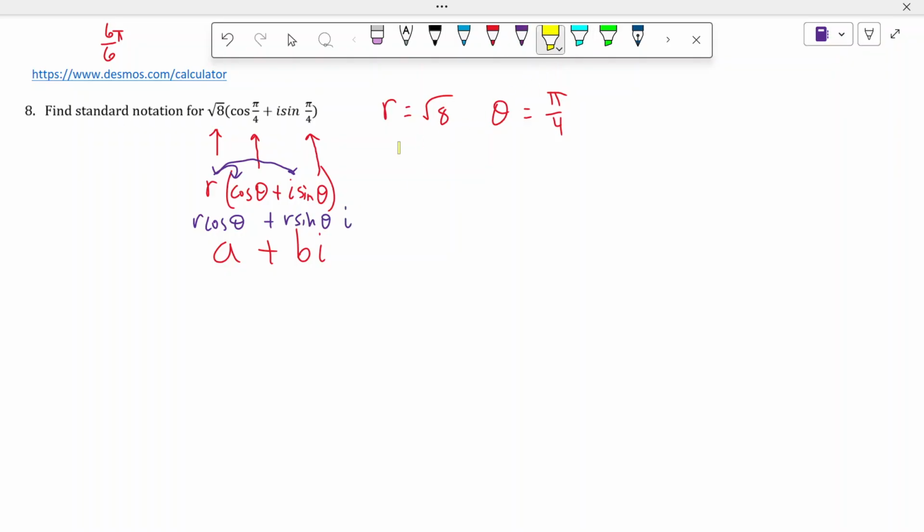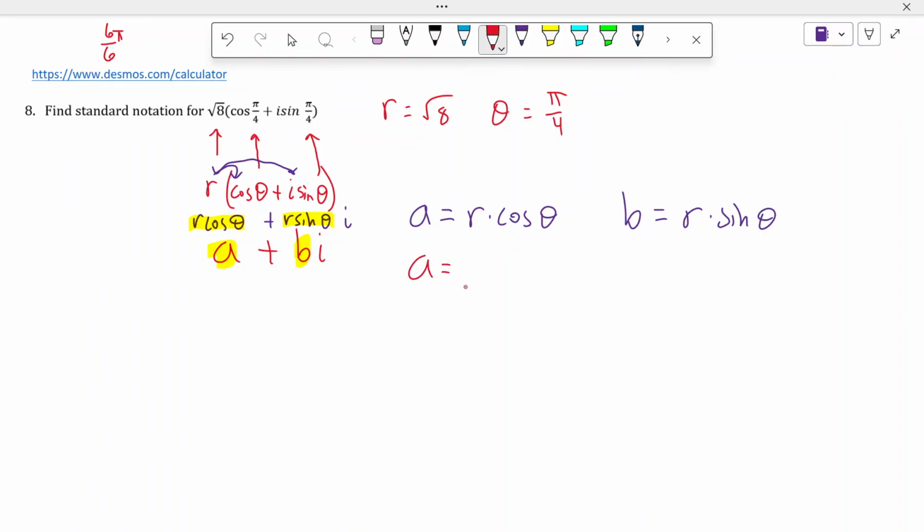So actually, if I color code this, this is our real part, and this is our imaginary part. So we have a plus bi. So there's actually the formula. Our a is going to be r times cosine of theta, and the b is going to be r times sine of theta. So really, we just plug it in and crunch it.